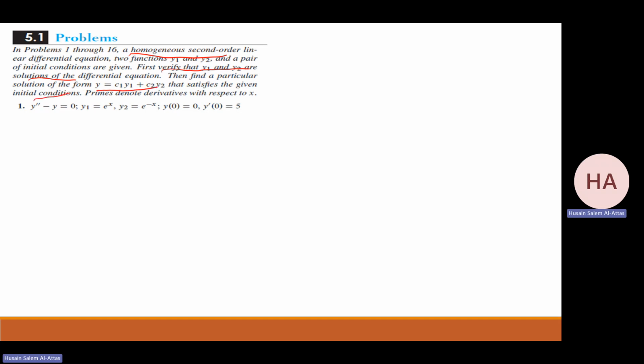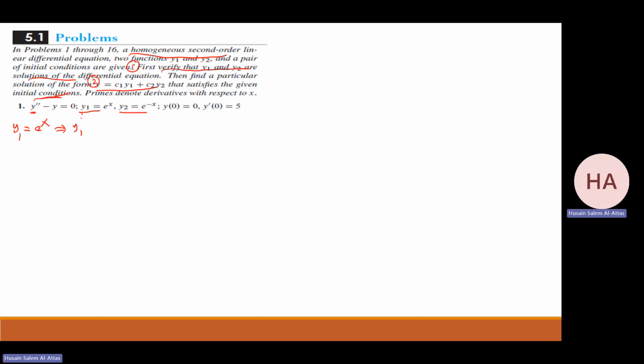Okay. So I need to prove that y1 and y2 are solutions to the differential equation. This is my first step. Second step, find the particular solution with this initial condition. Okay. So now y1 equal e to the power x. I need y double prime.